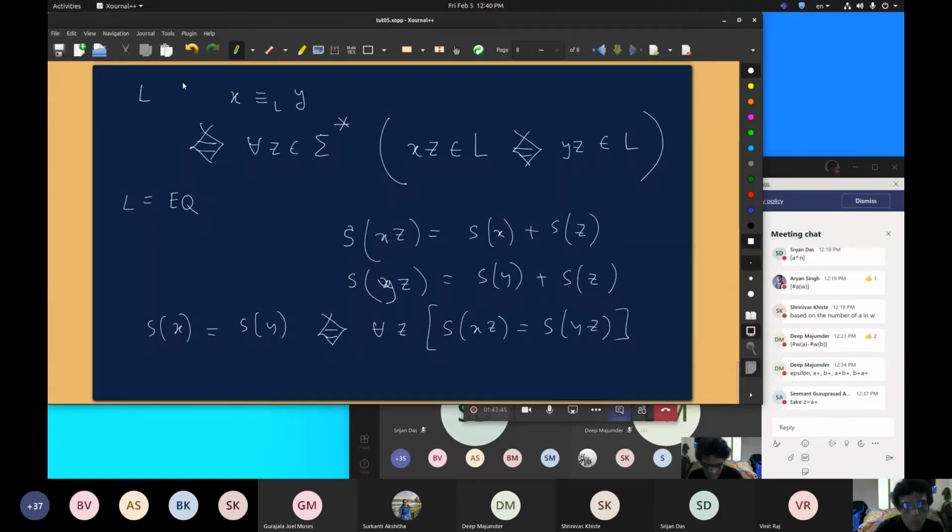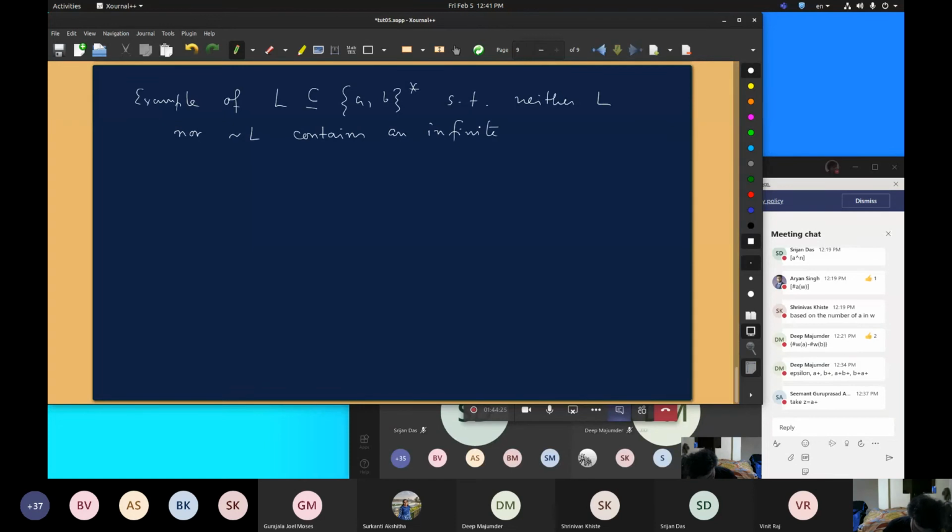Now there is a request to solve, or at least give some hint for: what is an example of L in AB star such that neither L nor its complement contains an infinite regular language?